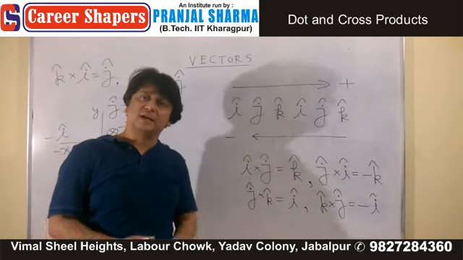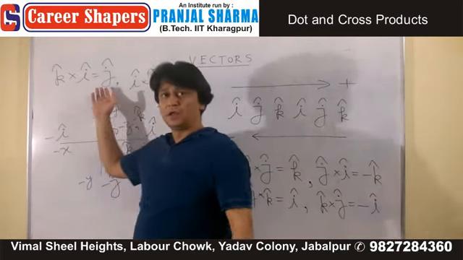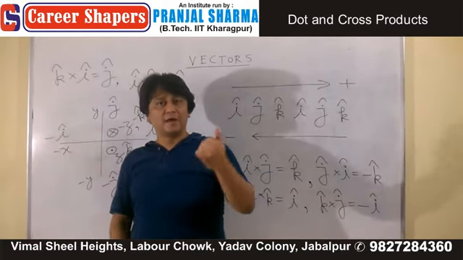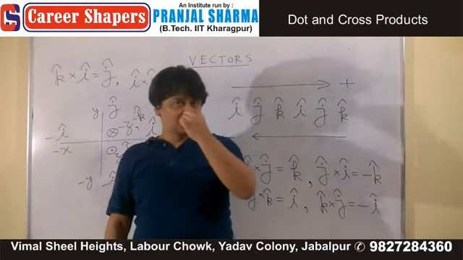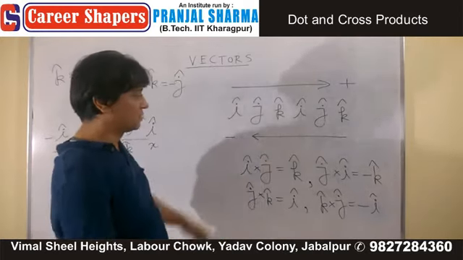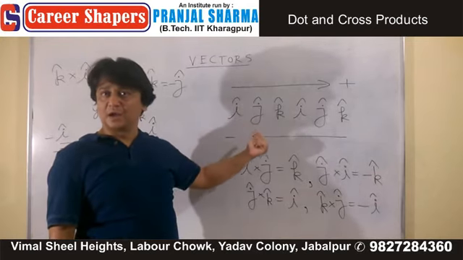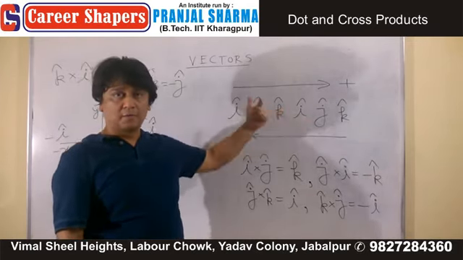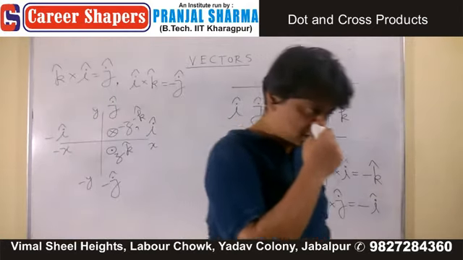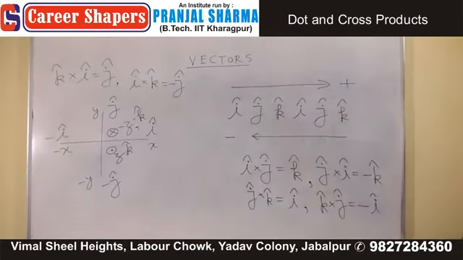If somebody says that K cross I is minus J, you will be committing silly mistakes. Why waste few numbers over things which can be understood in just one line? And that is the reason I am giving you all this knowledge right now.